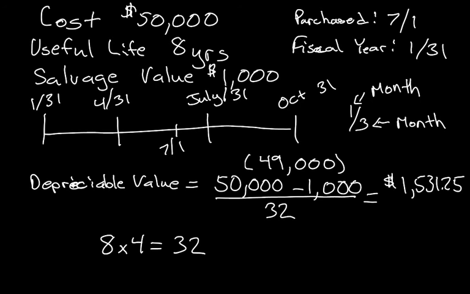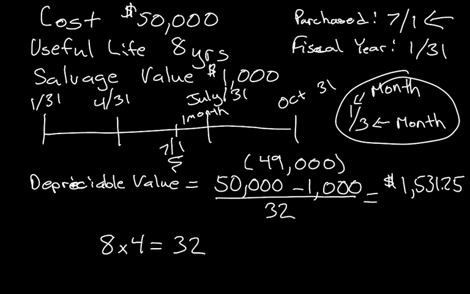So, as we go back, we understand that they purchased this asset on July 1st, so they have 1 month invested in this. So that goes back to our 1/3 of the 1,531.